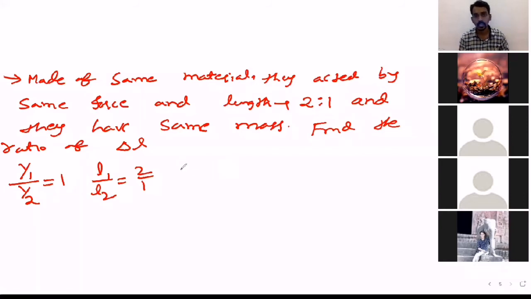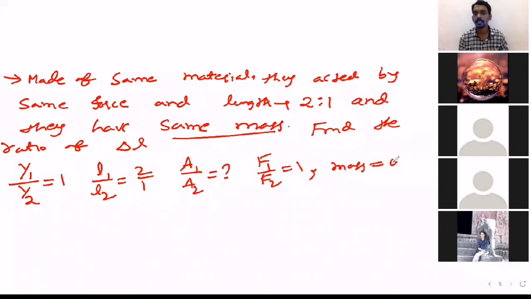Then the area ratio, I don't know because they have not given, but they have said same force. So F1 by F2 is also how much? 1. But they give one more condition that they have the same mass. Mass is the same. That means M1 equal to M2.